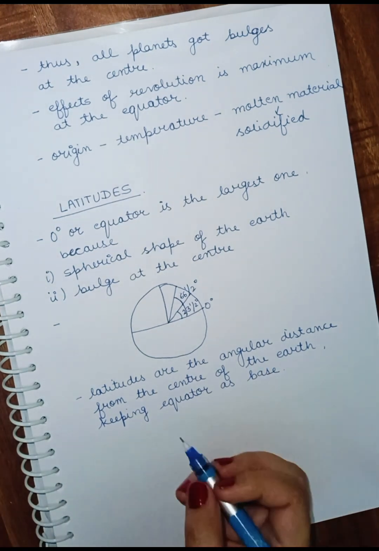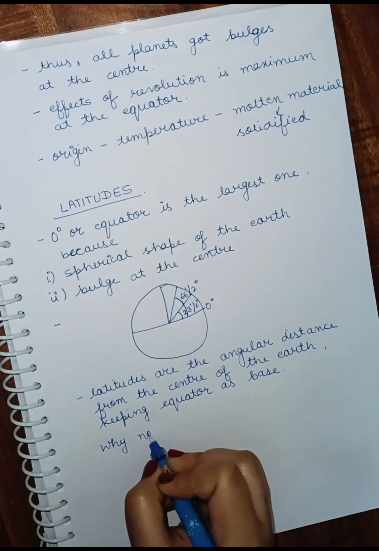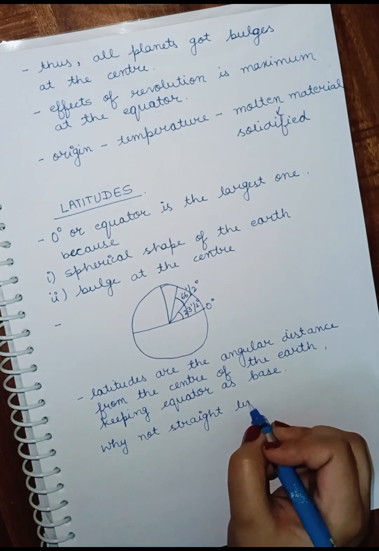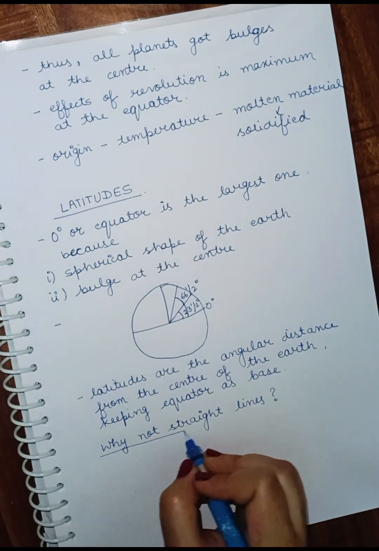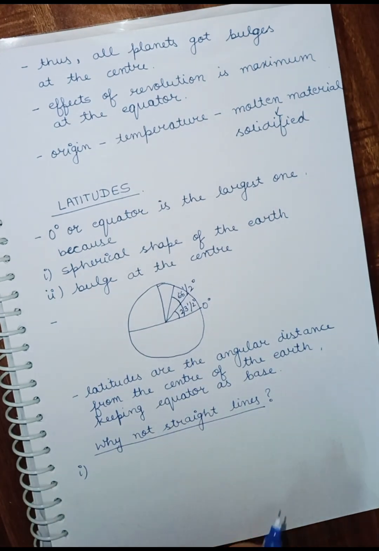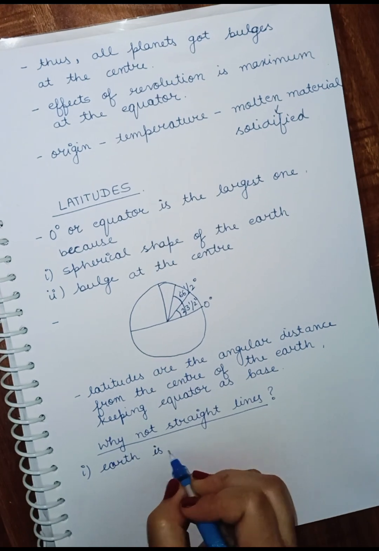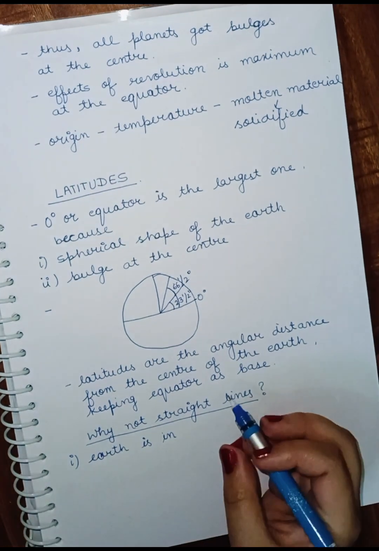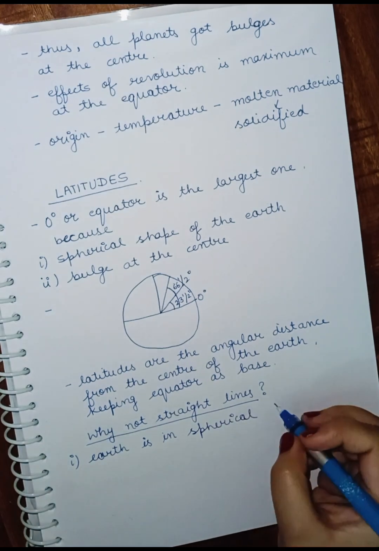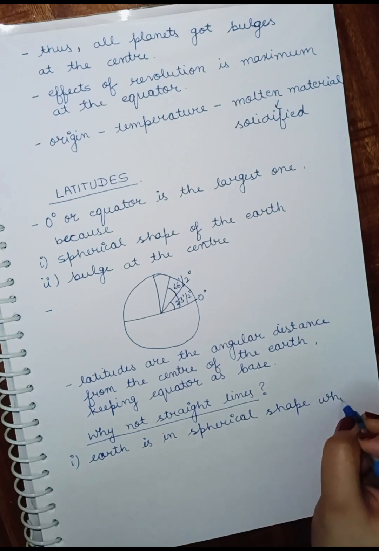Now, why are they not straight lines? Why are they in angular shape? First, because the Earth is spherical in shape, which has a curvature.